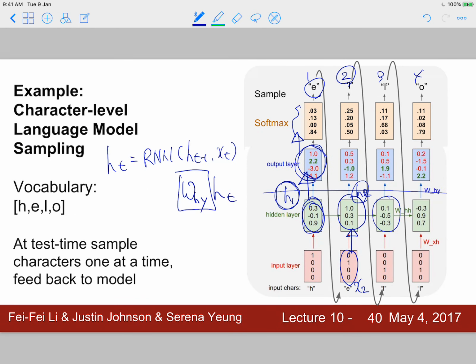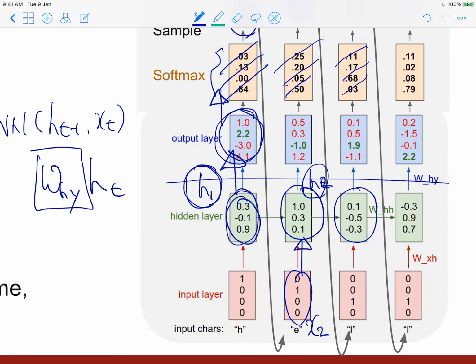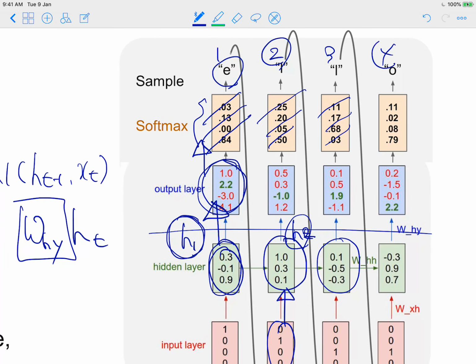Okay, and if we want to perform many-to-one, for example, we don't actually need to produce these outputs in the middle, right? In that case, we only stack this linear layer at the final time step of 4 to produce this output.